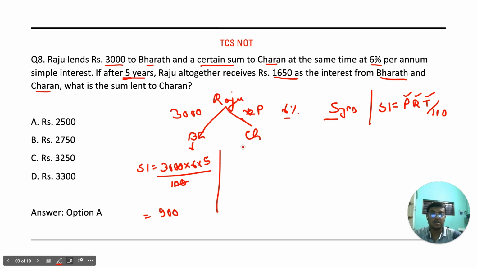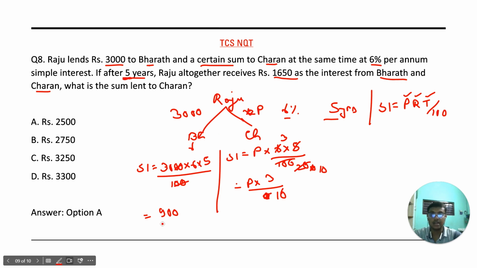We have 6 5s are 30, 30 into 30 is 900. And for Charan, simple interest can be calculated as P, as we don't know the principal amount, into 6 into 5 divided by 100. Now if we cancel it out, it is equal to P into 3 by 10.